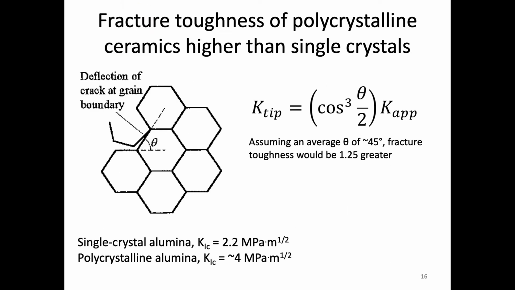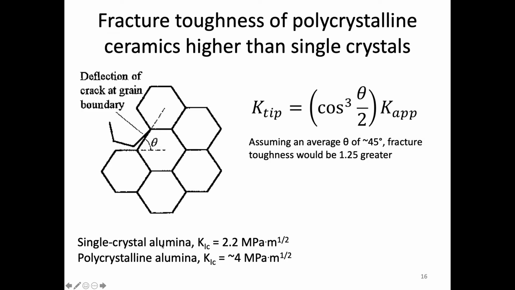All right, so let's look at the first one, crack deflection. If we look at polycrystalline materials, we see that the values of fracture toughness for polycrystalline material are higher than for a single crystal. So if we take alumina, for example, I've put the values from our textbook down here.